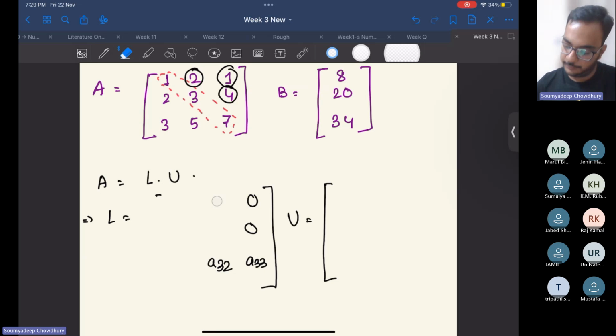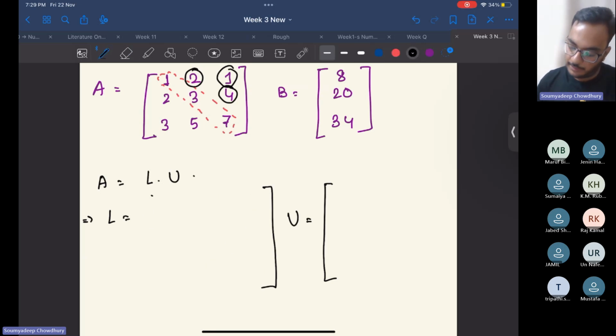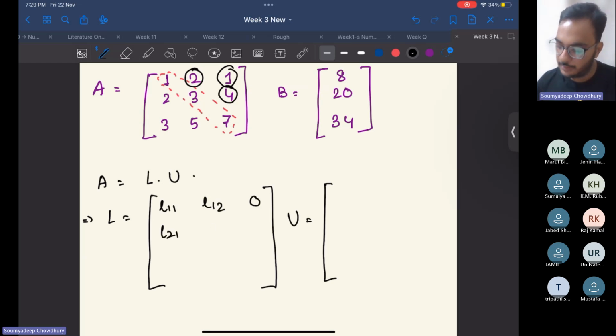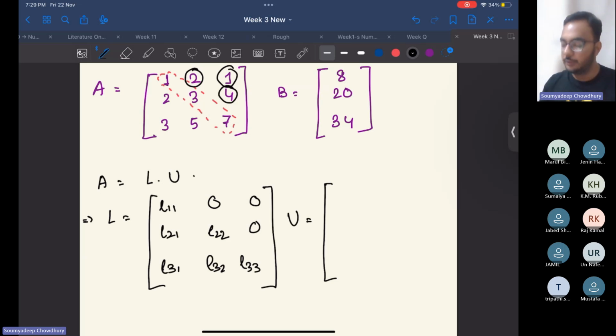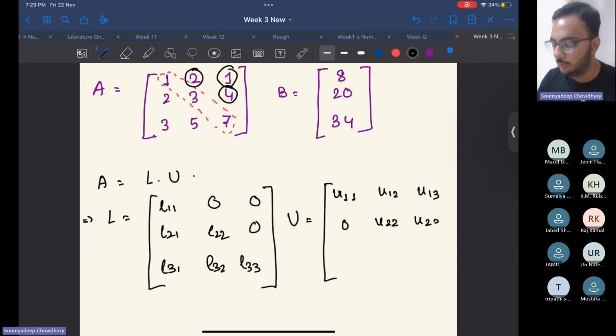I will represent L as L11, 0, 0, L21, L22, 0, L31, L32, L33. U will be basically U11, U12, U13, 0, U22, U23, 0, 0, U33.